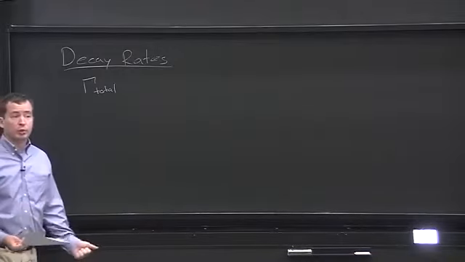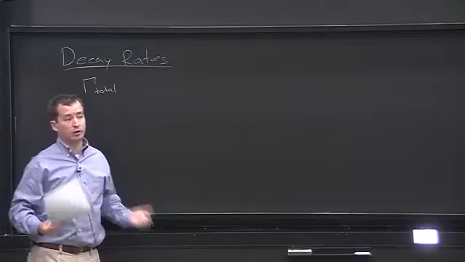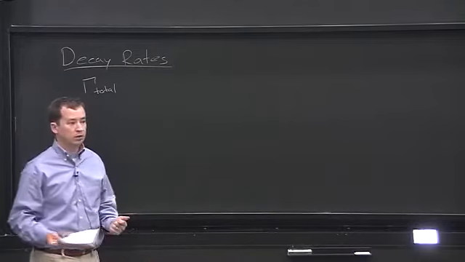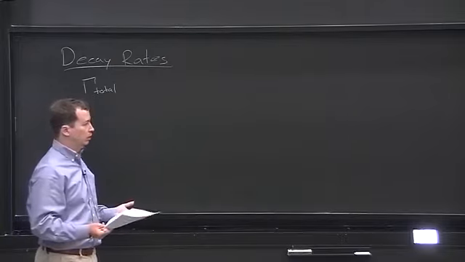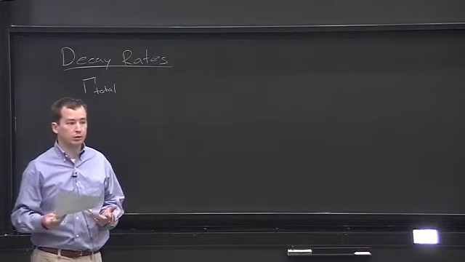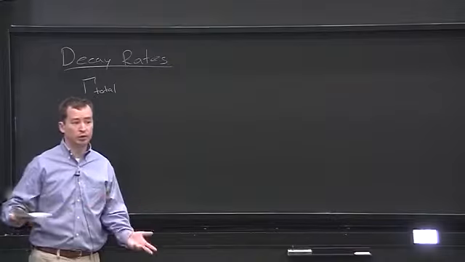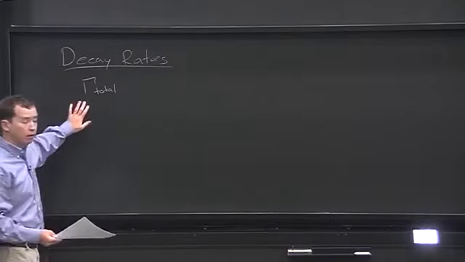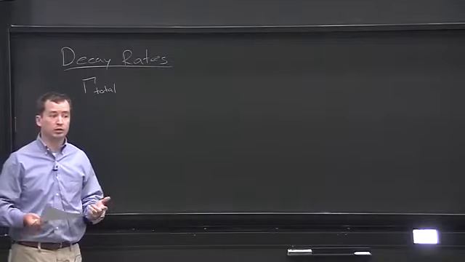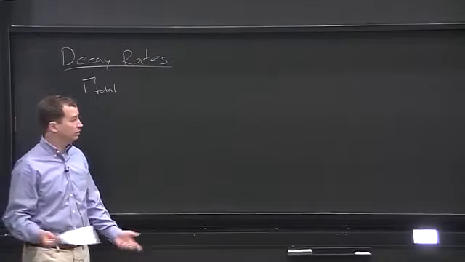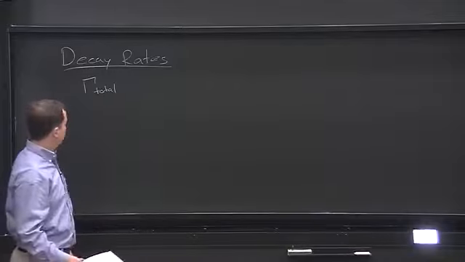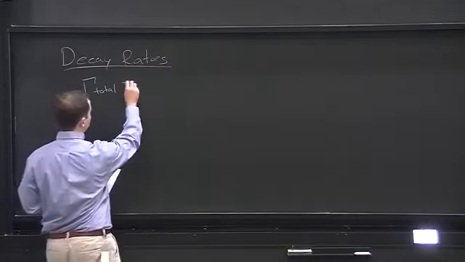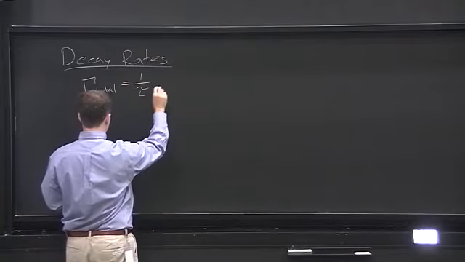So if we have an unstable particle, most often there are multiple ways it can decay. So if we have, say, a tau particle, it could decay to a muon and neutrinos or an electron and neutrinos. And so in practice, if we're going to calculate the lifetime of the tau or the decay rate of the tau, the decay rate is 1 over the lifetime.